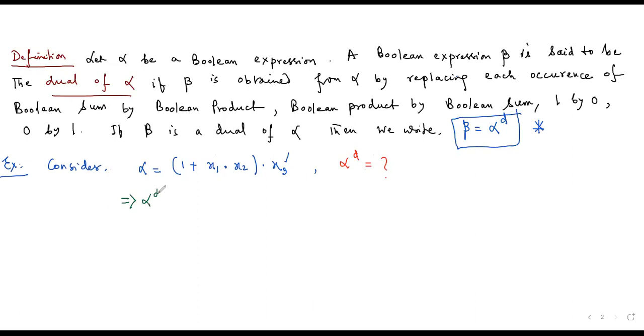The alpha d will be, first of all, you replace 1 by 0. Then you replace plus by dot. Then you put a bracket, and inside the bracket you replace dot by plus. Put another bracket like this. Here the dot will be replaced by plus, and this x3 complement will remain the same. And you can call this your beta.